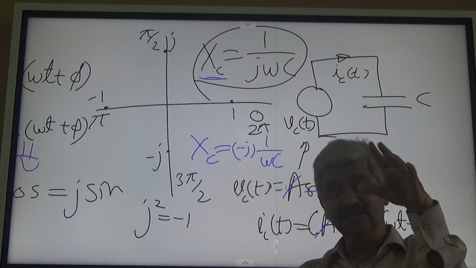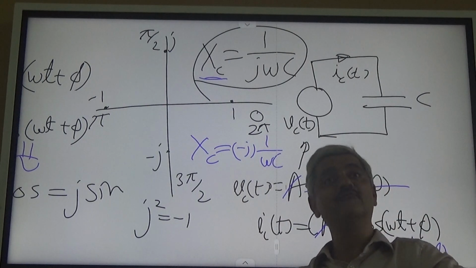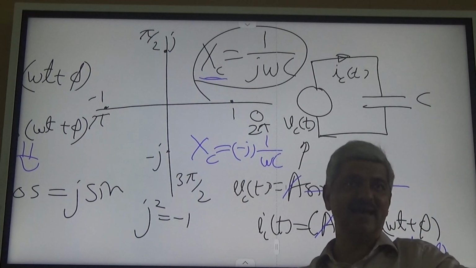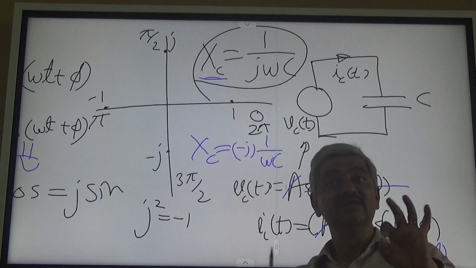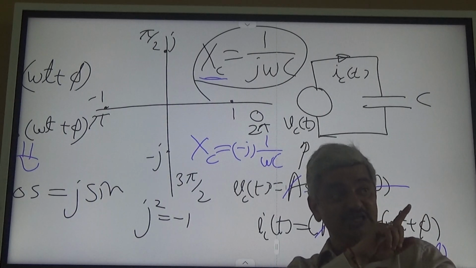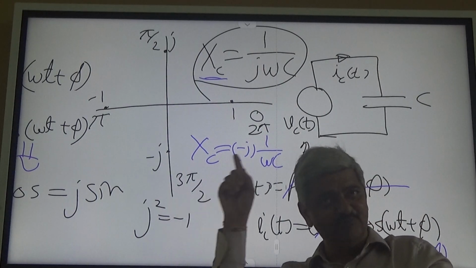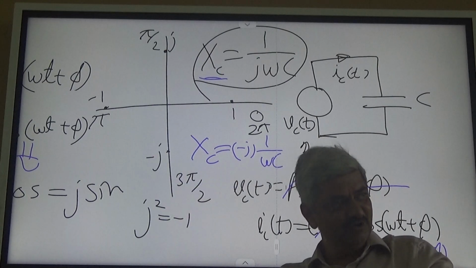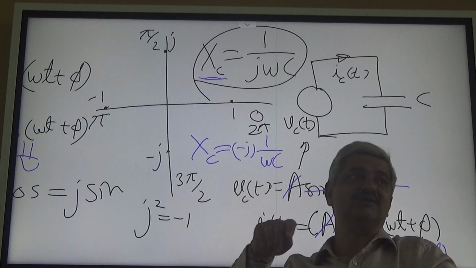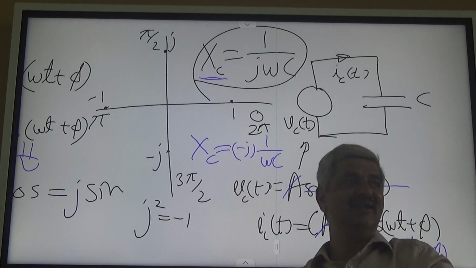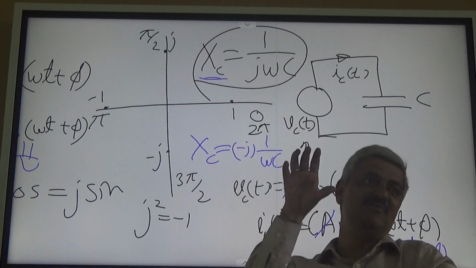Remember, the concept of impedance of a capacitor is applicable only for sinusoidal waveforms. Resistor has no such restriction. Even for DC it is the same, for AC it is the same. Whereas for capacitor, when I connect a DC source, I talk in terms of charging, discharging, and when I connect an AC source, I talk in terms of impedance.